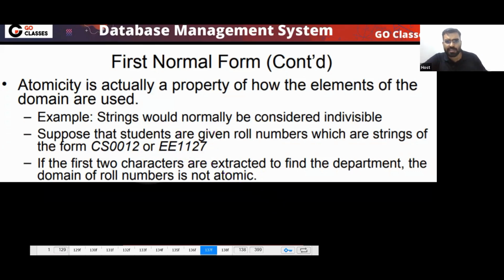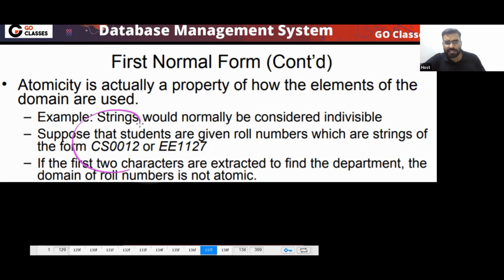No, you cannot retrieve it. So when I say the domain is atomic, it means that if your domain contains this element, then you cannot retrieve parts of it. Unbreakable.